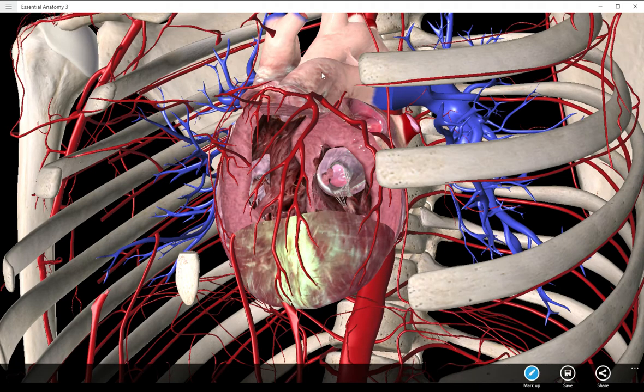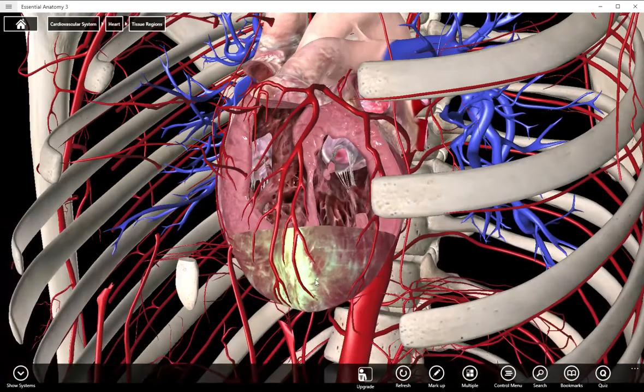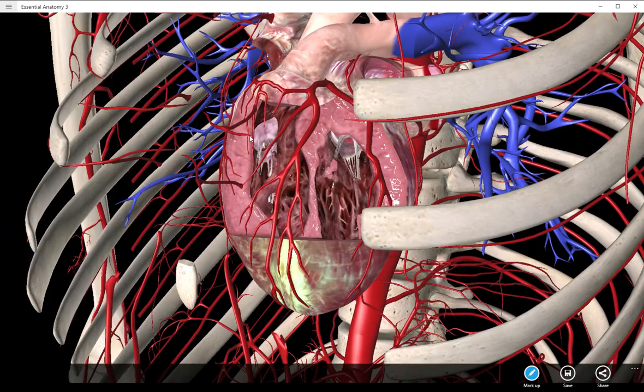So basically, this valve right here is between the left atrium and left ventricle, so it's the left AV valve. This valve over here, there are other names for these, mitral, tricuspid, but we're just going to keep it the most common and most modern, which is left AV on this side, and then right here is the right AV valve.